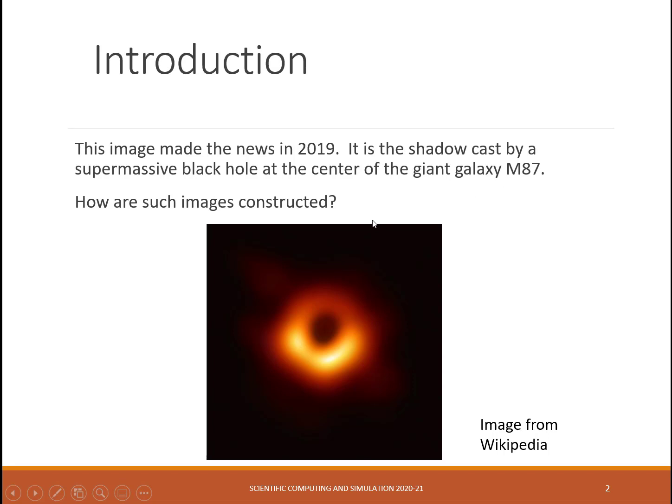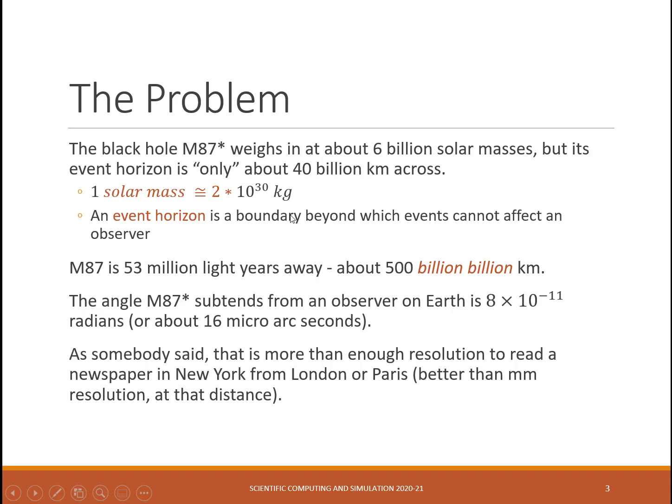This week, we will learn how astronomers took advantage of Fourier analysis to construct such a news-making image from the sky. Before going to the technical details, I want to give you some further information about the black hole.